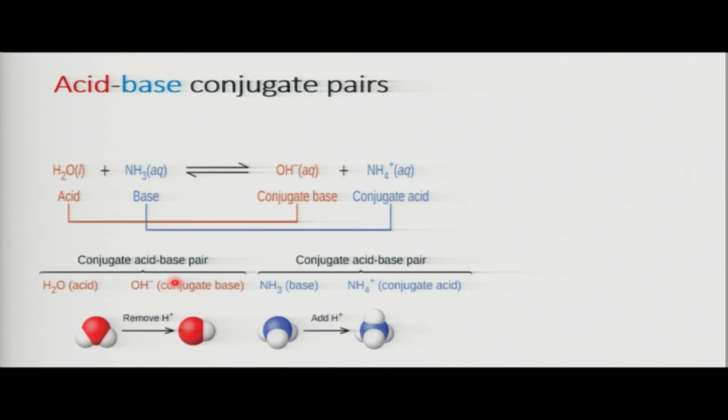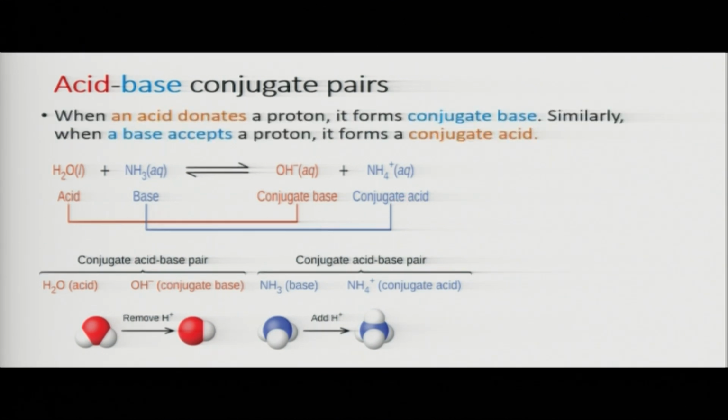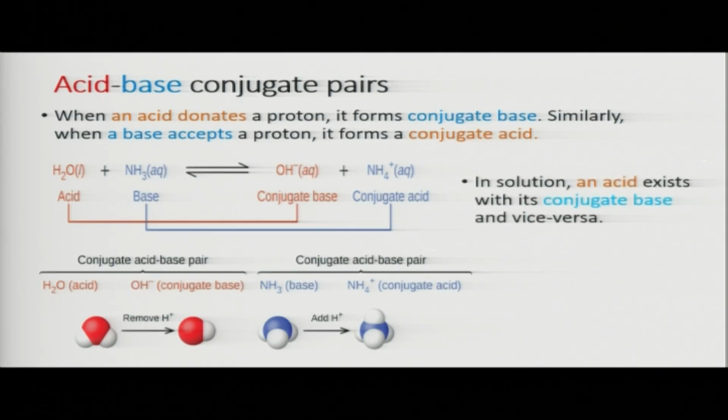So, what is the principle? When an acid donates a proton, it forms a conjugate base. And when a base accepts a proton, it forms a conjugate acid. Meaning, the acid will always exist with its conjugate base, and even a base will always exist with its conjugate acid.